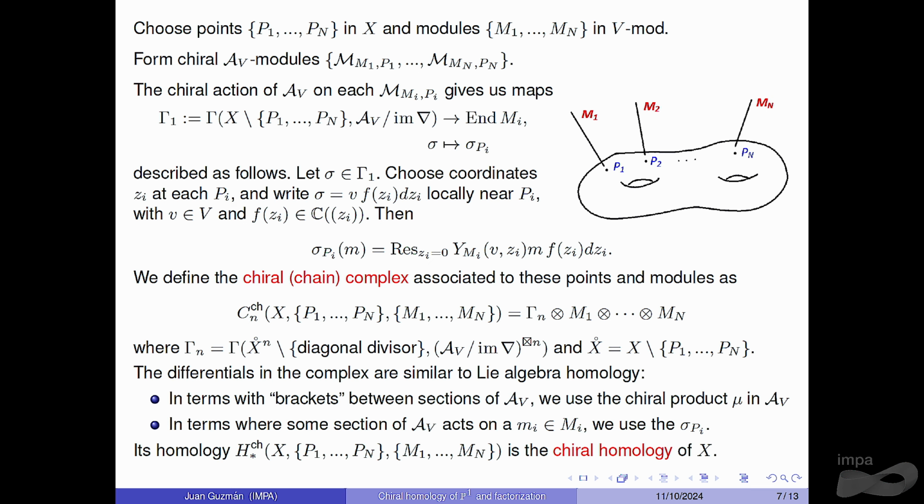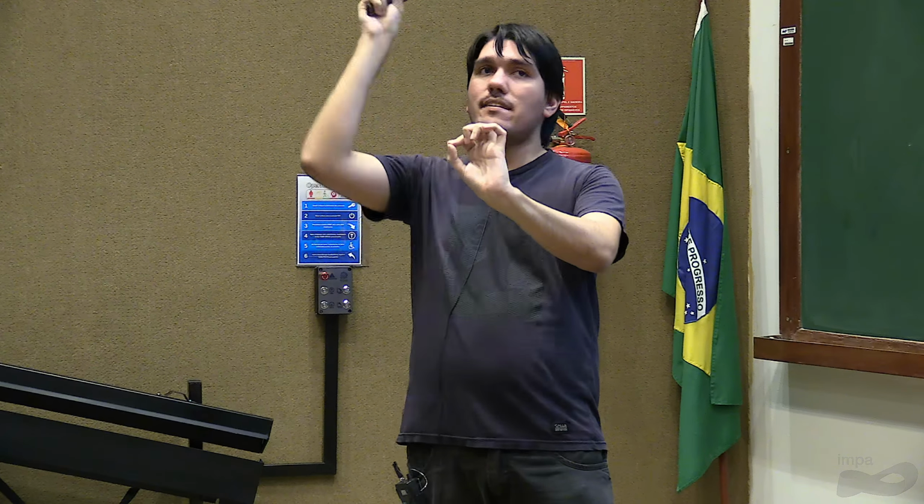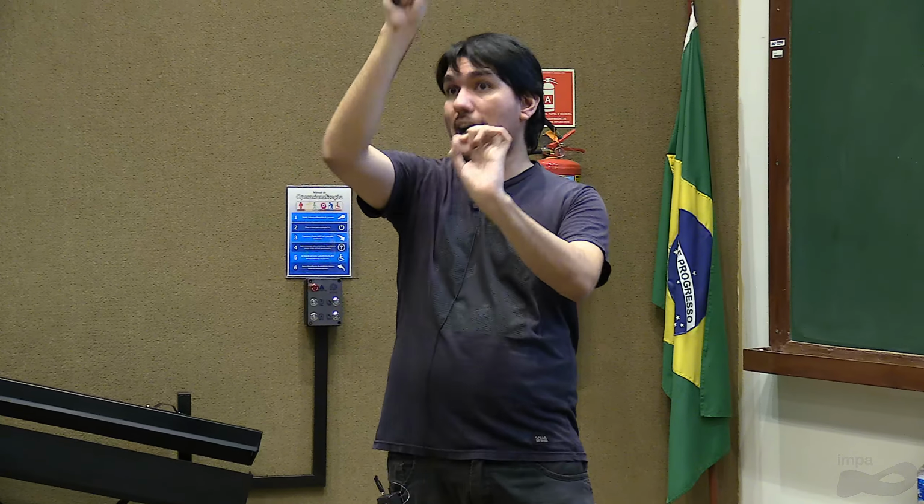Now this is a vector space. You can look at its homology, and you can see what happens and what information you can get from this complex. So the first thing we did was study this example. What happens at P1 when you insert some module at 0, and then the contragradient of some module at infinity.